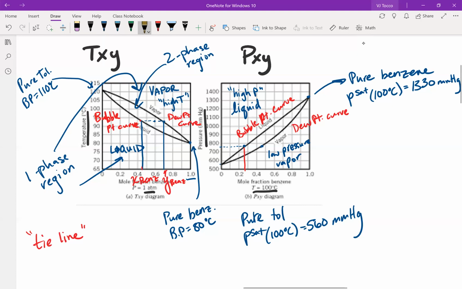So if I draw 100C across like that, and I'm measuring what my compositions are, I should see that at 100C, 1 atmosphere, I've got a Y benzene of 0.45 or so, and an X benzene of 0.24, we'll say. So looking over to the other diagram, my line's a little bit crooked.